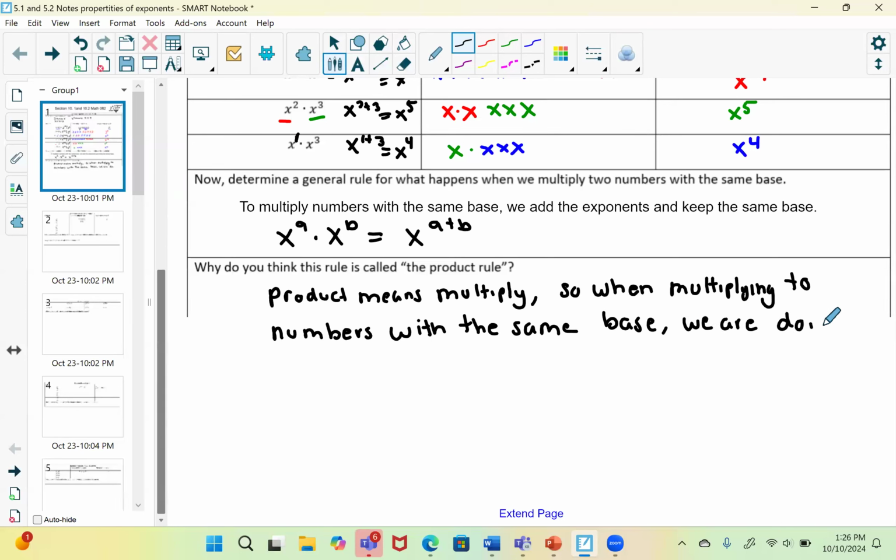So we are doing a product when we're multiplying, and that's why it's called the product rule.